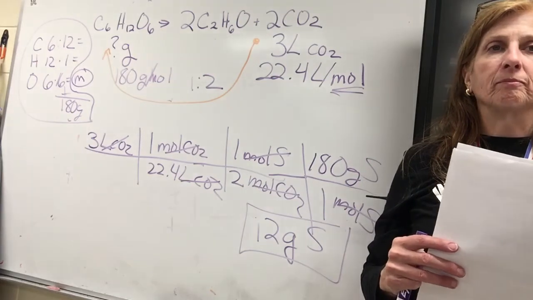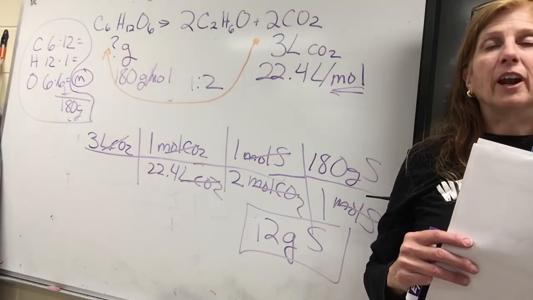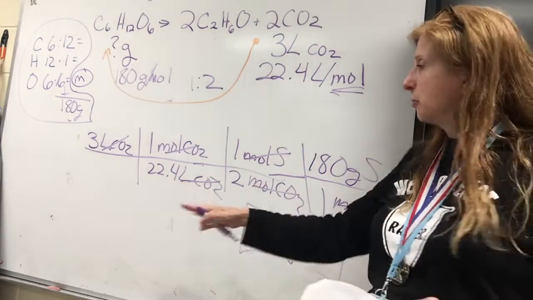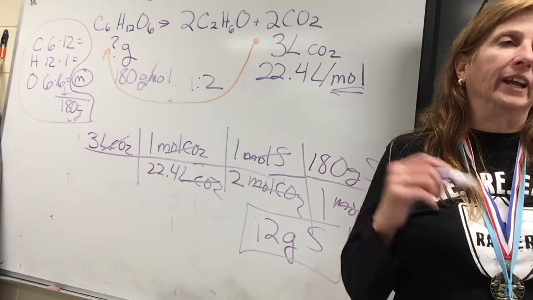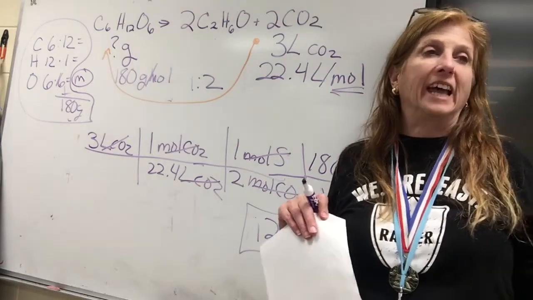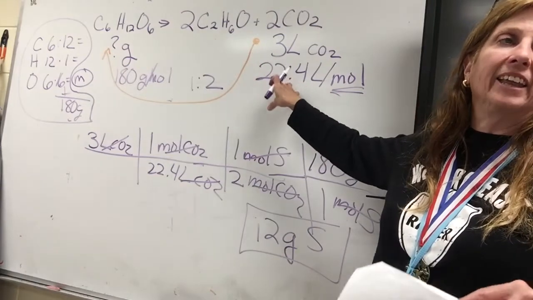You said you can also multiply the bottom row, right? But I don't want you to. I want you to practice doing it this way on your calculator, because if you multiply the bottom row and then divide, you're going to have to write it down somewhere or re-enter it into your calculator. That's opening opportunity for mistakes. This you can do all on your calculator without writing anything down.